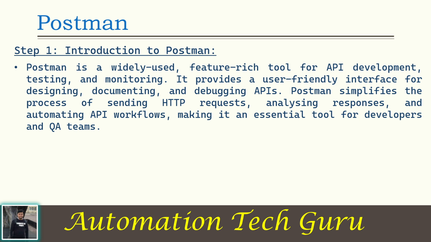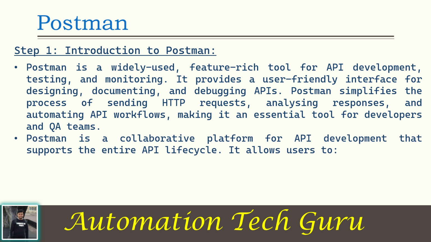Postman simplifies the process of sending HTTP requests, analyzing responses, and automating API workflow, making it an essential tool for developers and QA team. Postman is a collaborative platform for API development that supports the entire API lifecycle.